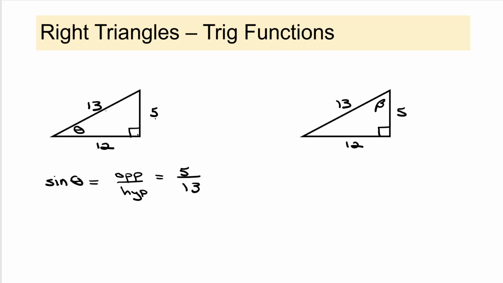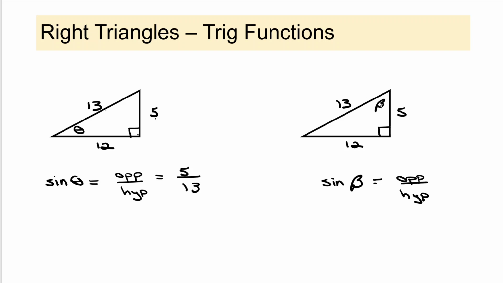But what I want you to notice here is it's the same exact triangle. Now I want to know, what's the sine of beta? Now we have to define our sides relative to beta. The trig function is still defined as the ratio of opposite to hypotenuse, but it's the side opposite beta.